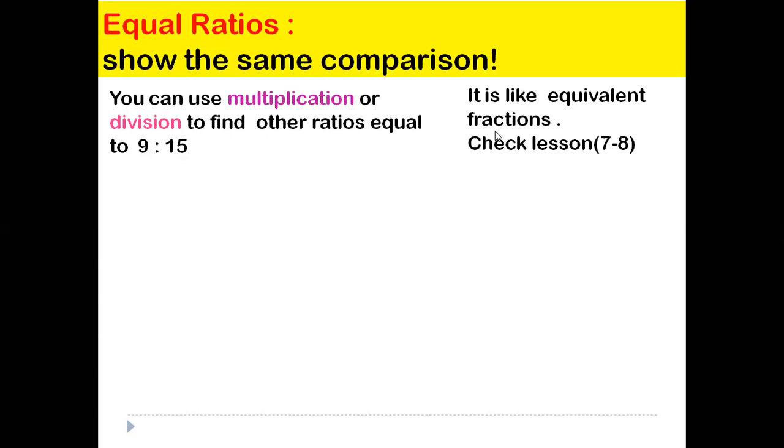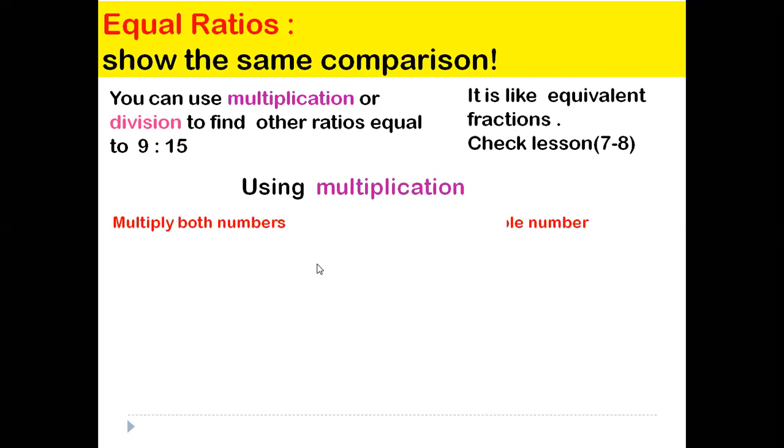It's exactly like equivalent fractions in lesson 7-8. So you can go back to that lesson and remember how we do it. Anyway, I'm going to remind you about it now. If we want to use multiplication, remember that you can multiply both numbers by any number you want except 1.